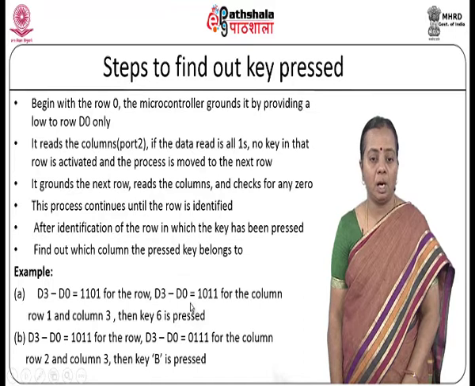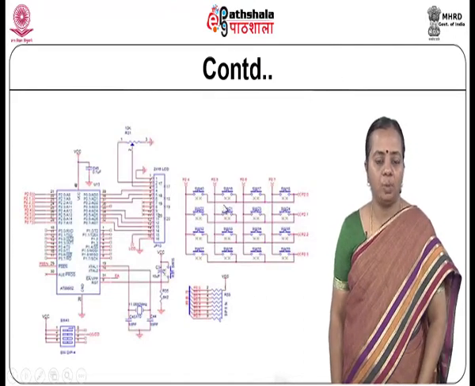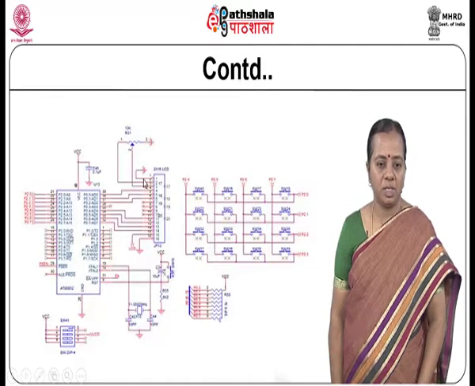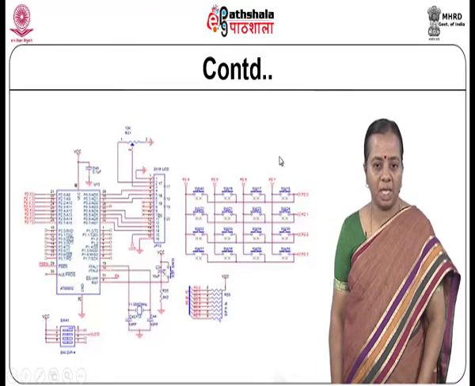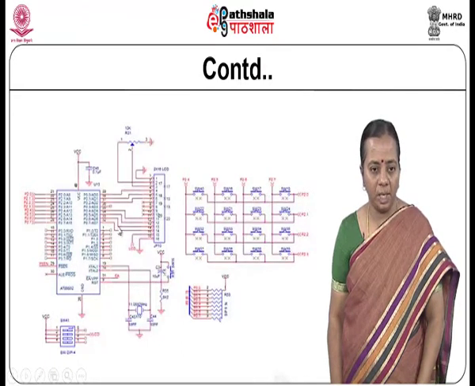Now we will see how we will be connecting the keyboard with the 8051 in hardware. Just see that this is the 4x4 keyboard, and the keyboard pins are connected to the 8051's pins, and the output pins are also connected to the 8051.